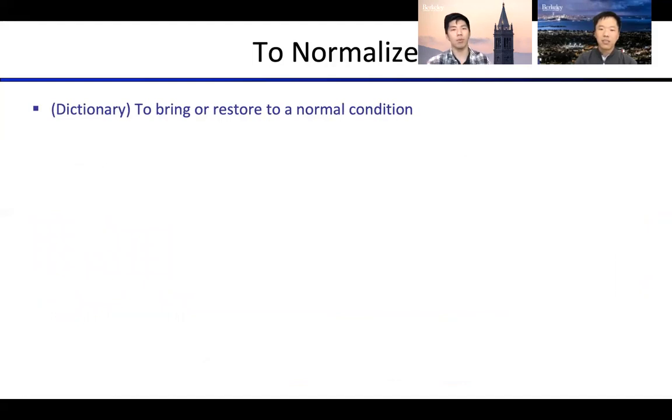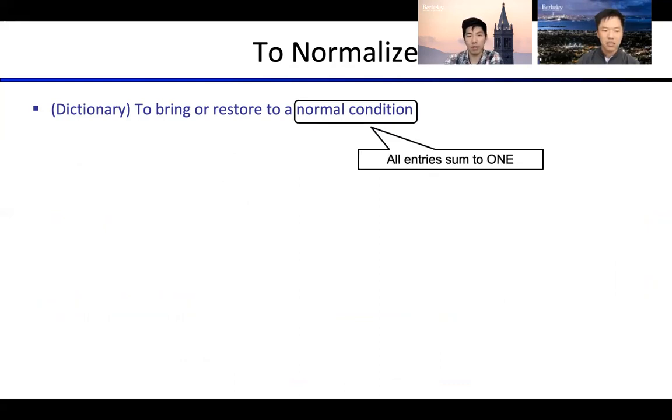So what does it mean to normalize? From the dictionary definition, to normalize just means to bring or restore a normal condition. What is the normal condition in a probability distribution? It means that all the entries in the distribution sum up to 1.